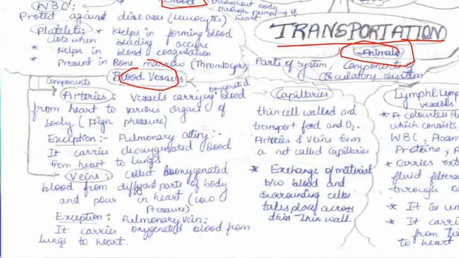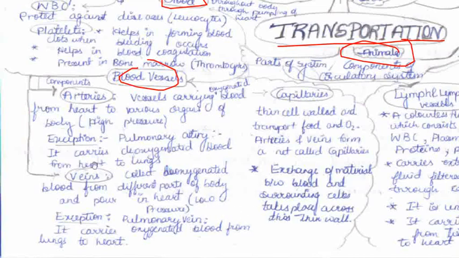Now next is veins. These are tube-like vessels that collect the deoxygenated blood from different parts of the body organs and pour it into the heart. That means the blood with CO2 content is passed through veins from different parts of the body and finally poured into the heart, and from the heart it passes through lungs, where it is purified, and then it is sent again. This takes place usually at low pressure.